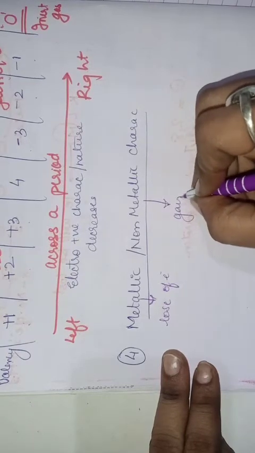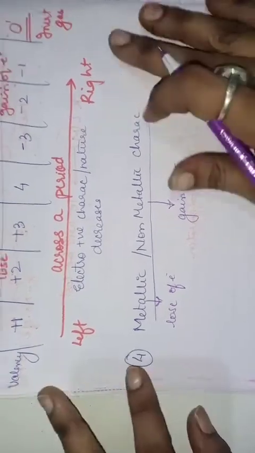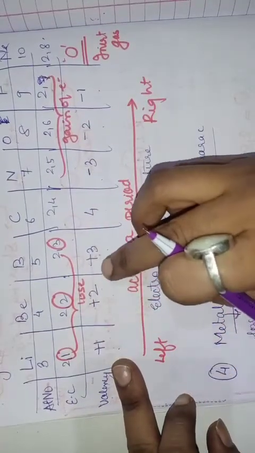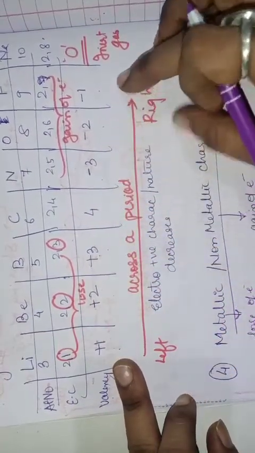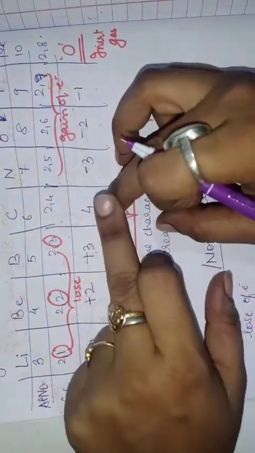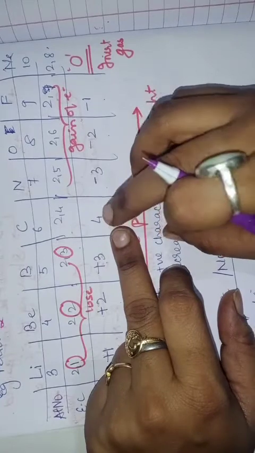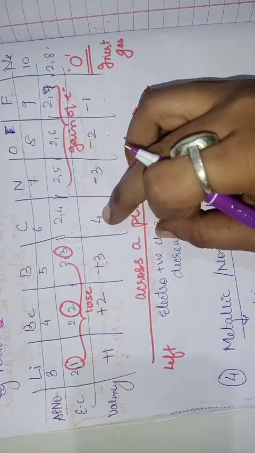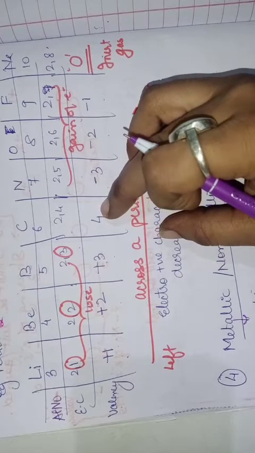Non-metal, gain of electron. Now across the period what do you see? Positive, then decrease. Yes or no? So metallic character decreases. The fourth element, carbon, is not a metal children, because it will neither gain nor lose, it shares. So carbon we usually count in non-metals.